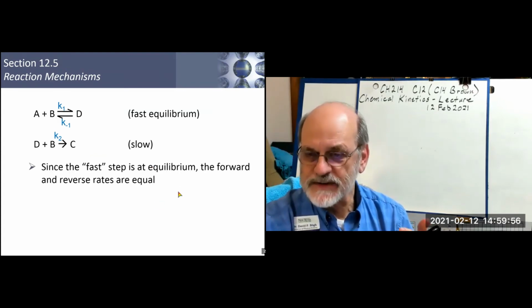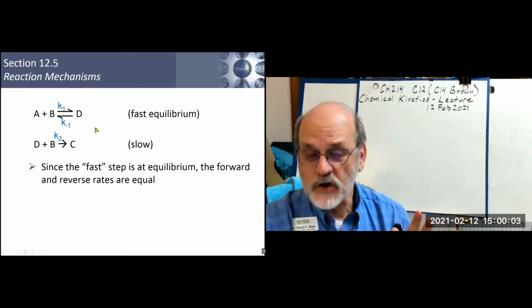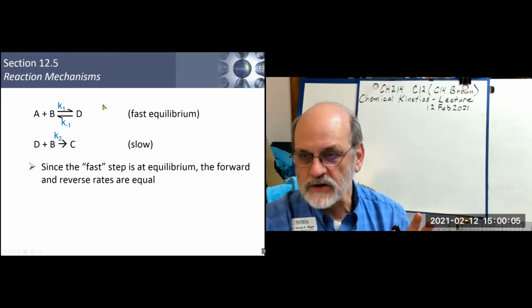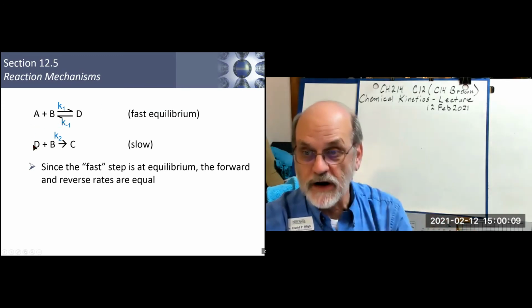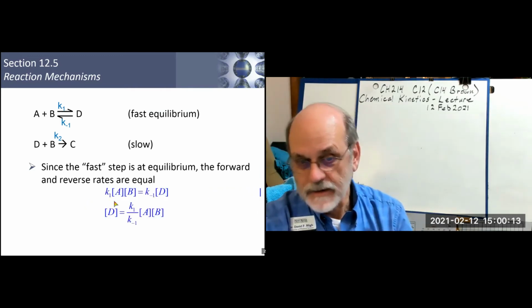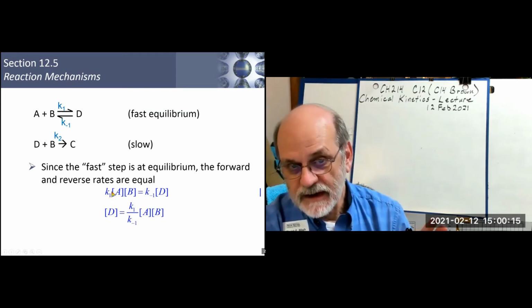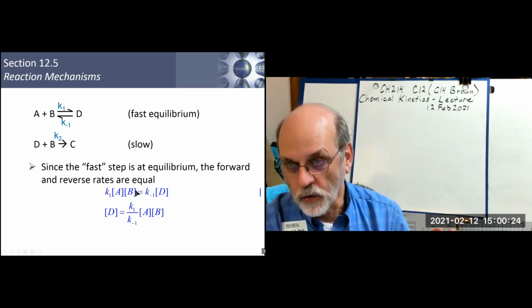Since the fast step is an equilibrium, the forward and reverse rates are equal. So if we write it in terms of one direction and the other direction, we can set those rates equal to one another. Okay? So for this step, K1 times A times B, right? That's one of them, order one.